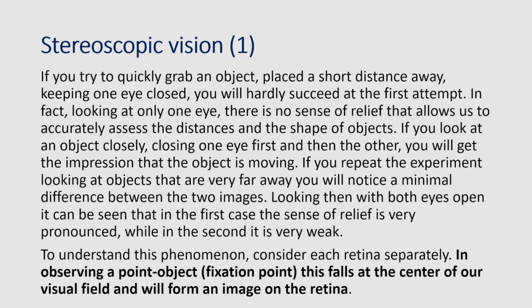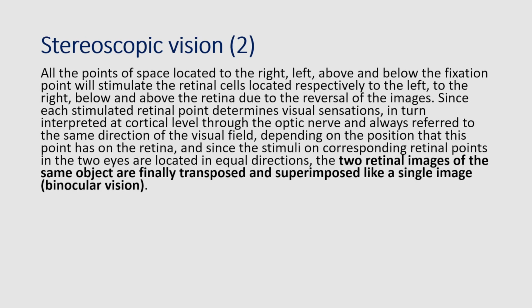In observing a point object, fixation point, this falls at the center of our visual field and will form an image on the retina. Stereoscopic vision, 2. All the points of space located to the right, left, above and below the fixation point will stimulate the retinal cells located respectively to the left, to the right, below and above the retina due to the reversal of the images.